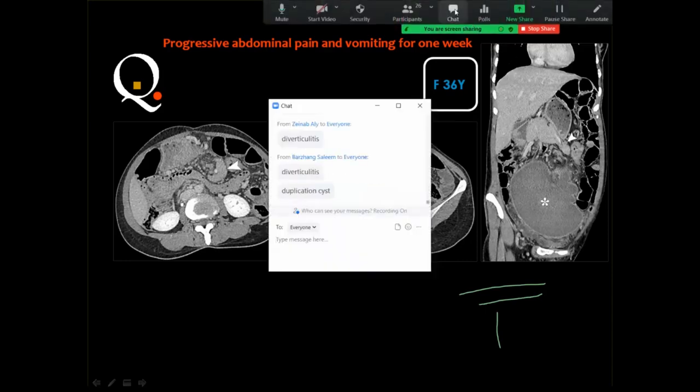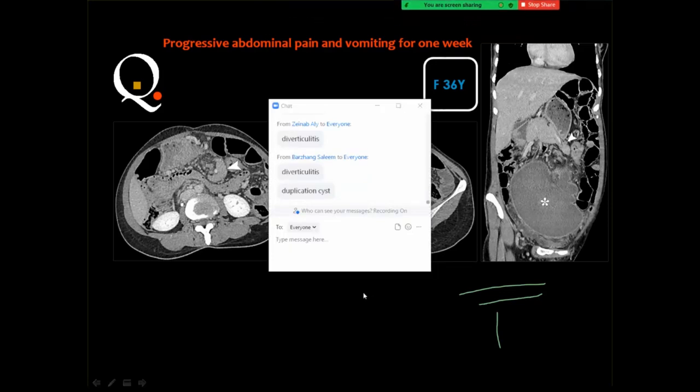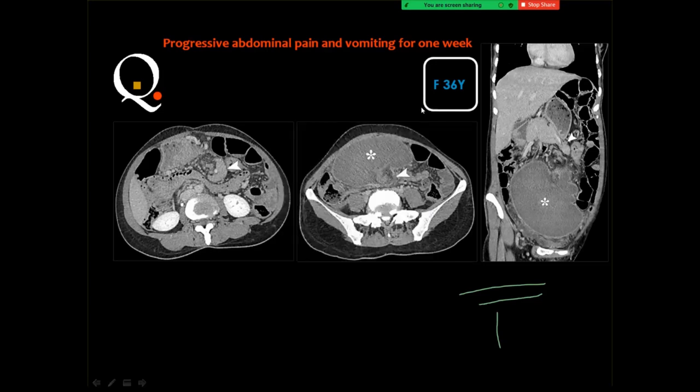This lesion is not a duplication cyst and is not gastric volvulus. The stomach is on its side, and the volvulus usually goes up, not down. And this is not a gastric tumor and not a dermoid lesion. This is a wandering spleen.